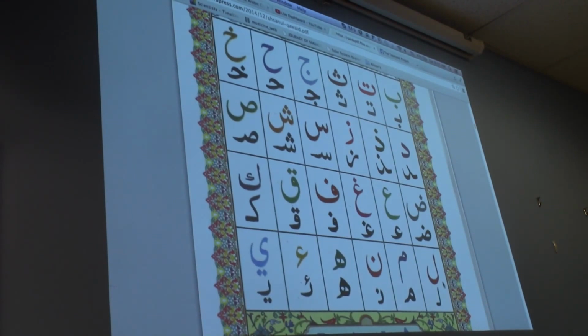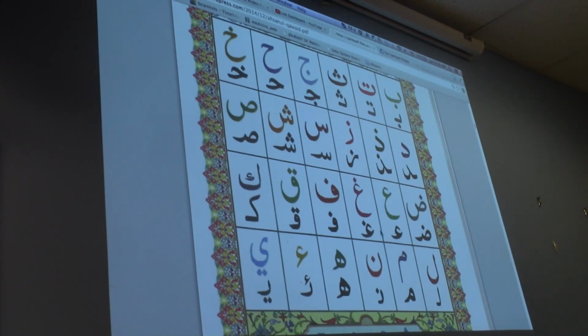Then we also have lam, lam. It's written like this. Meem, meem. Noon, noon. Now notice noon has one dot on the top. If that dot was on the bottom, it would be ba.